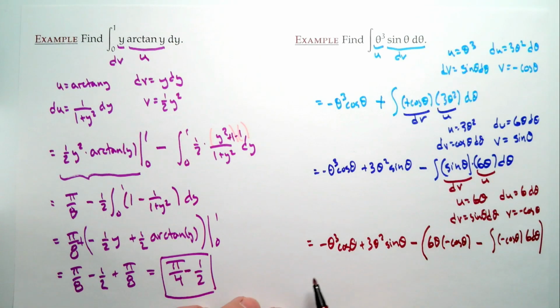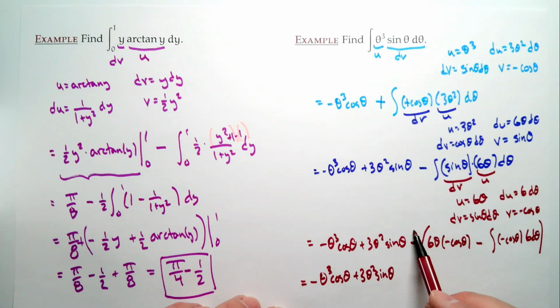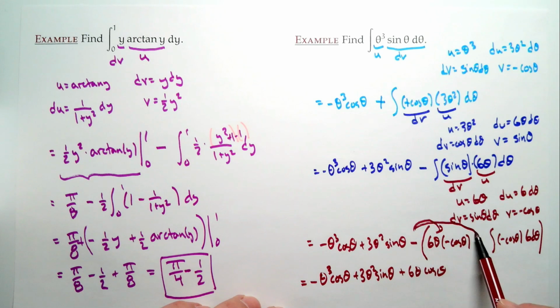All right, but I think that one we might be able to figure out. Theta cubed cosine theta plus 3 theta squared sine theta. Now the minus goes through. So minus minus makes a plus 6 theta cosine theta. This minus comes through again. That's why I say the parenthesis is important. There is another minus here.